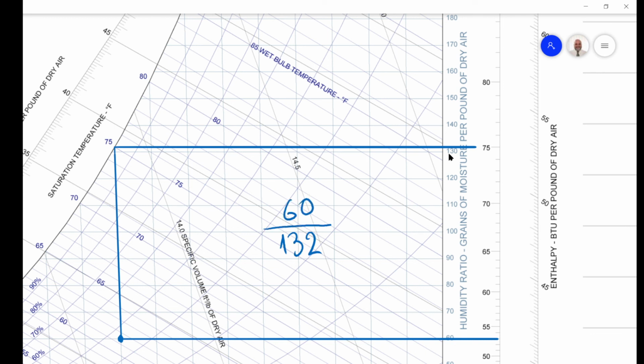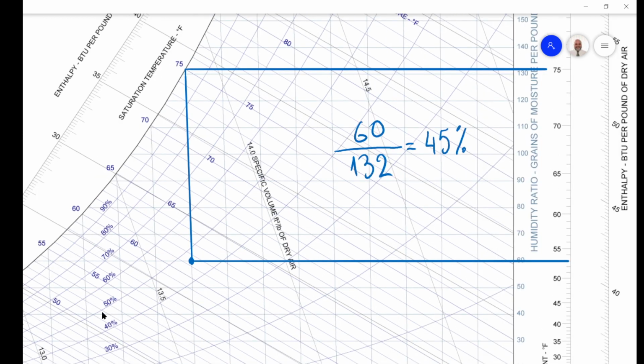So if you divide what you have by what you can have as a max, that is going to give you the relative humidity in percentage, and that's going to say 45%. And I just calculated the relative humidity of that point by plotting a couple of points, starting point to the saturation point.